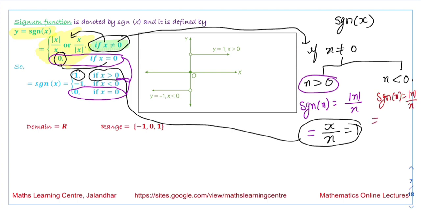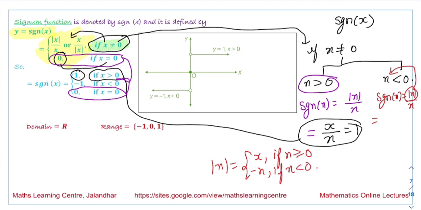What is mod x when x is less than 0? The value of mod x is equal to x if x is greater than equal to 0, and it is minus x if x is less than 0. So the answer we get is minus x over x, that is equal to minus 1. This is the case we are talking about.